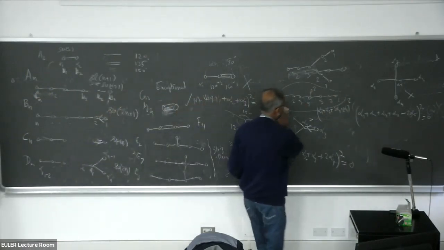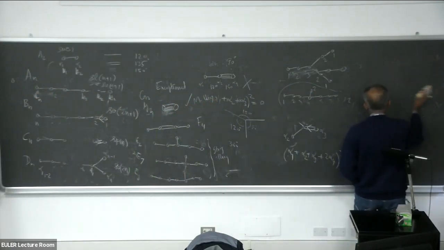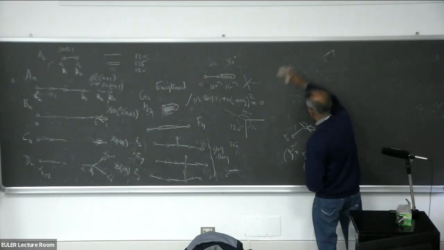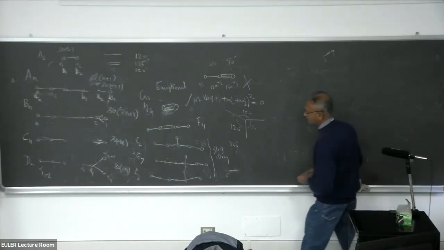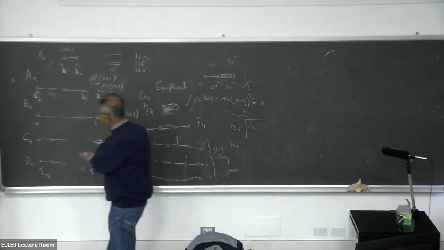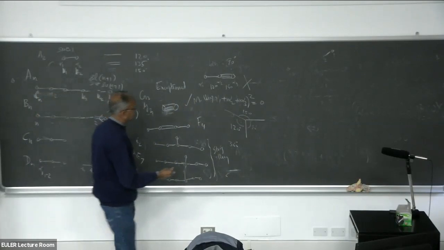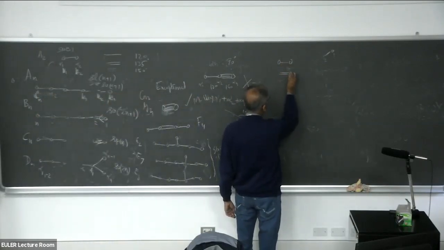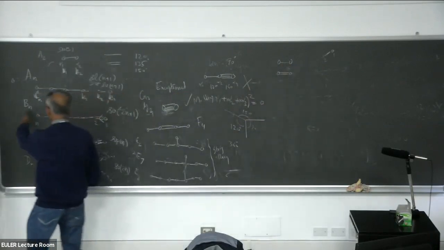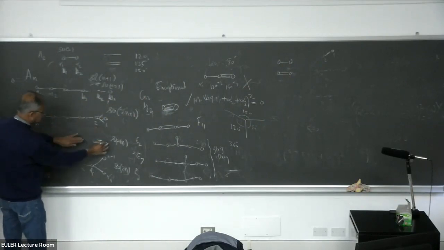What I will do now is look at all the rank 2 algebras. For rank 2, there are just 2 possibilities. Even if you look at Bn or Cn, if you have only 2 points, none of these things exist.